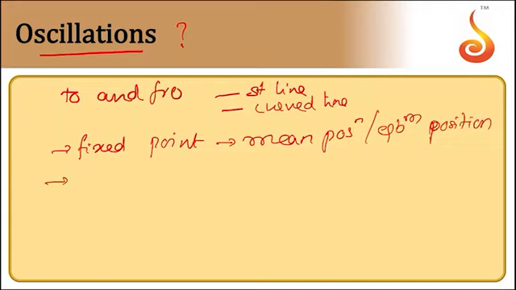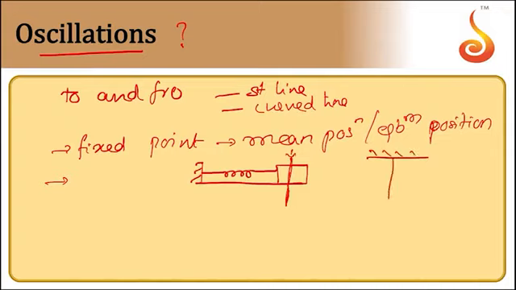For example, a mass which is suspended from a spring or a pendulum, etc. A spring mass system, for example, assume that it oscillates about this position and this is your equilibrium position. A pendulum oscillates about this position, this is the equilibrium position.